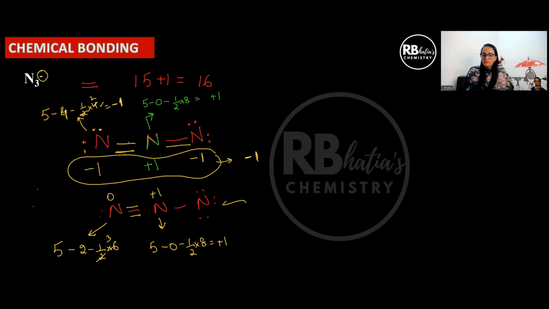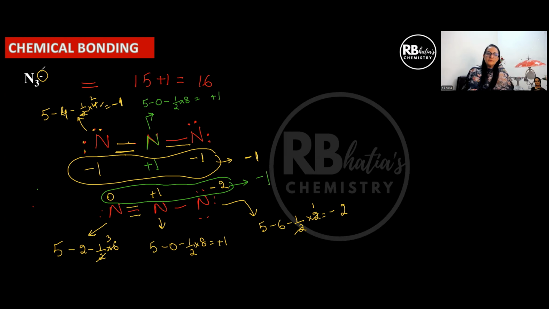And when you solve this one, it's 5 minus 6 minus half of 2. You get this as -2. And what you're going to check finally is that net total of these 3 charges will come out to be -1, which is the same charge as the charge on the species. I hope this is clear and understood.